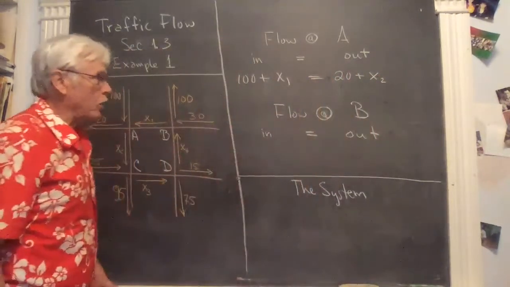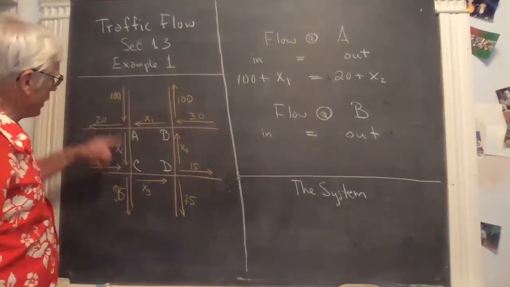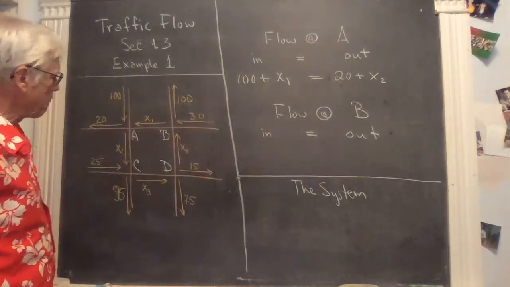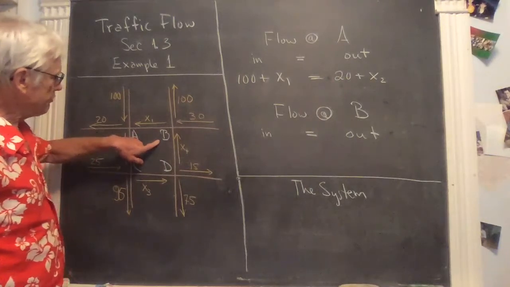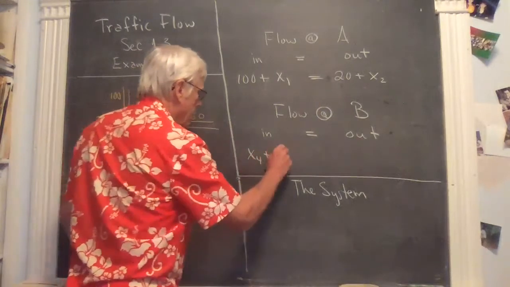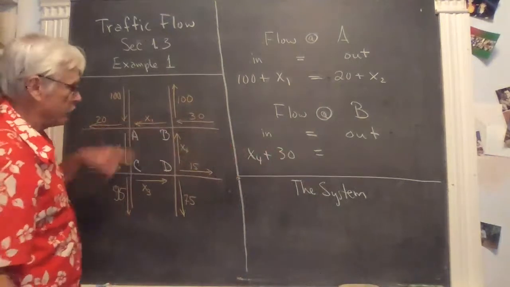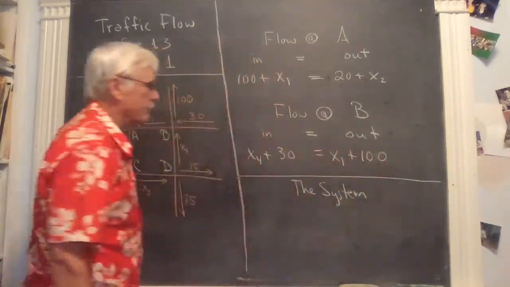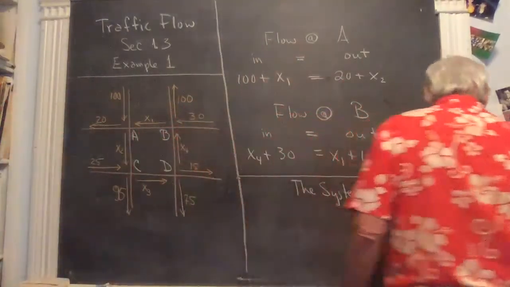And input equals output at each node. So 100 going in, X1 going in, that's the in, 20 out, X2 out. At node B, the input is X4 and 30. And that will equal the output, which is 100 and X1.